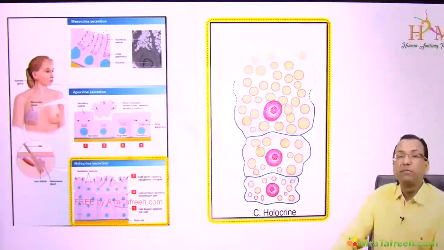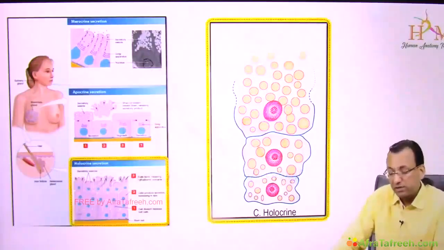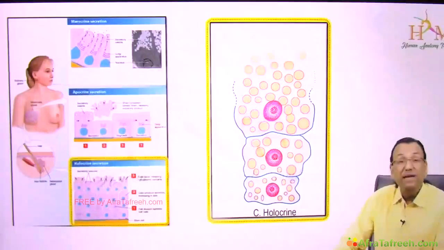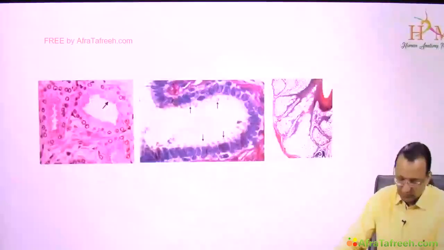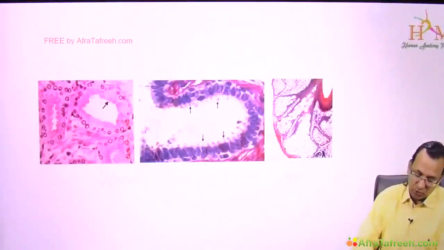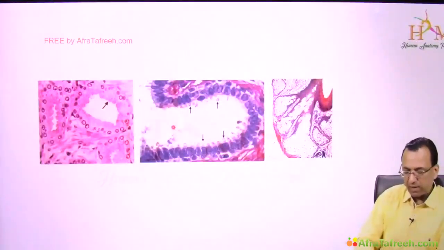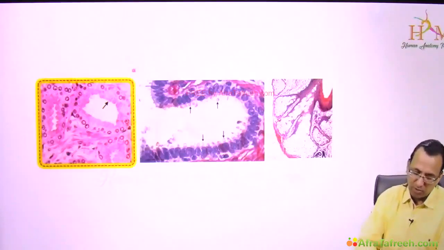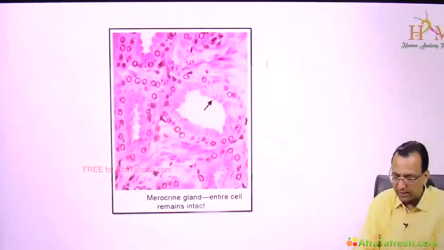Let us look at them histologically, because this was a schematic diagram; these are histological diagrams. So this is merocrine, this is apocrine, and this is holocrine. Let us focus upon merocrine. How do you identify merocrine? Merocrine is also called eccrine.